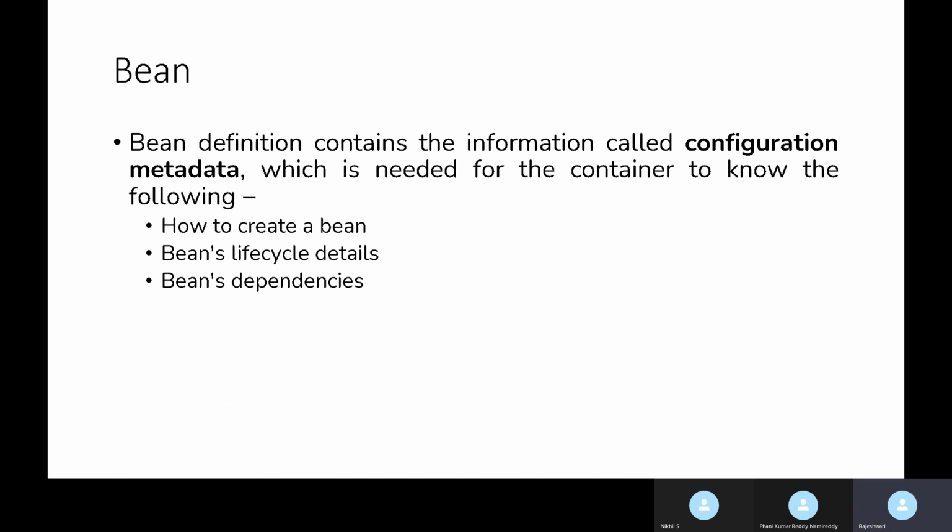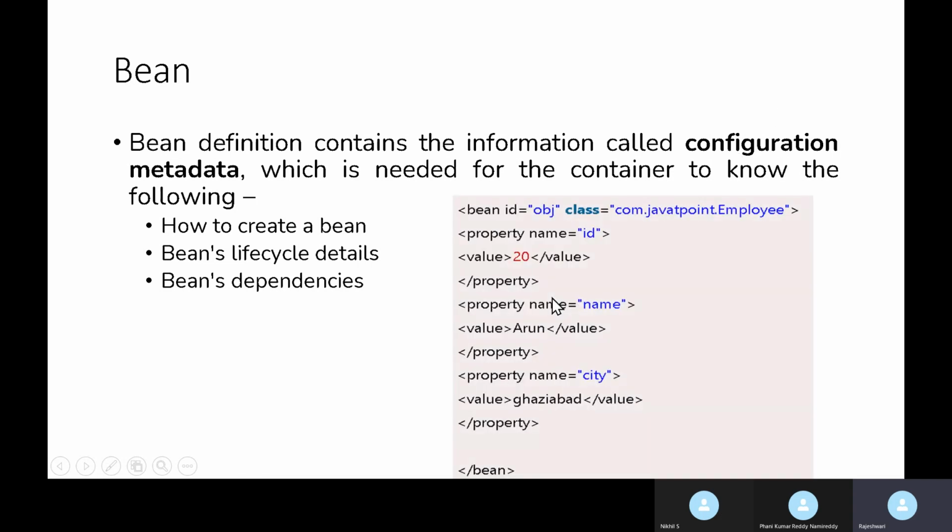The bean definition contains the information called configuration metadata, which is needed for the container to know how to create the bean, its life cycle, dependencies. Everything can be mentioned in the XML file or a configuration. So here this is all the configuration of the object called obj of the type class Employee.